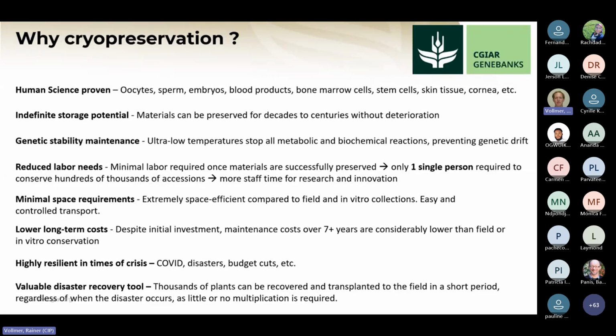And then there's a new potential application that will become more important if a production system goes down because of a disaster, for example, or extreme drought, and you need to build it up quickly. You will need thousands and thousands of plants in a very short time period.